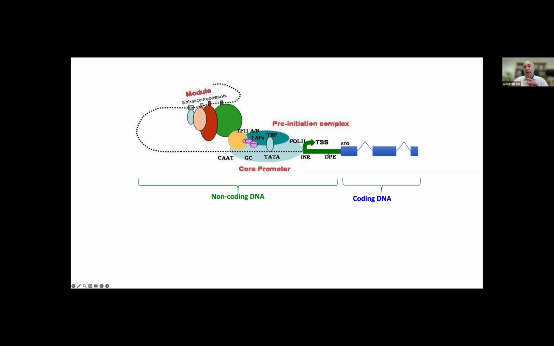They can bind downstream, in introns, or maybe in the first non-coding exon. They can also bind in very far regions, so-called enhancer regions, and they can interact with the factors binding to the promoter, and through this interaction they can regulate gene expression.